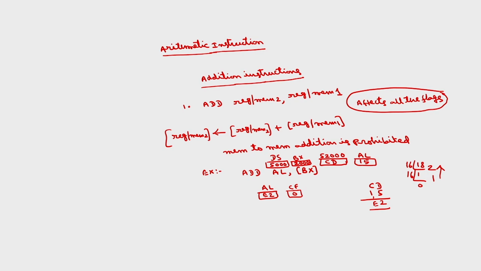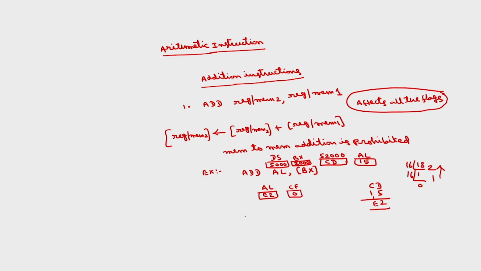Similarly, if you have a 16-bit register, it will take 2 consecutive locations. The lower order will be added with the first location, the higher order with the second location. Similarly, you can have memory on this side and register on that side, but the result will be stored in memory. Now the result is stored in AL.